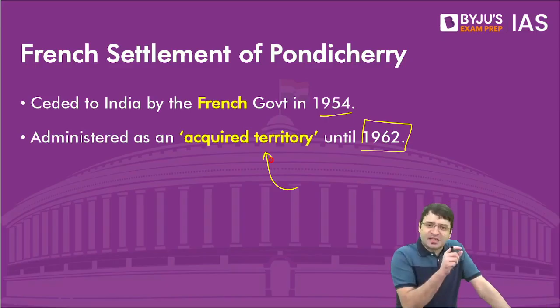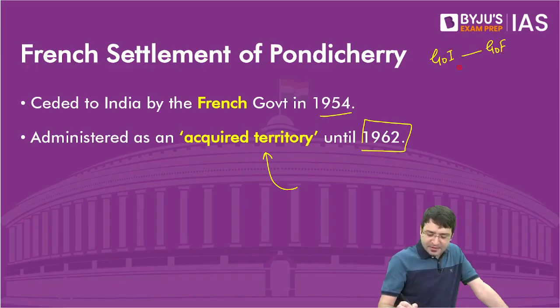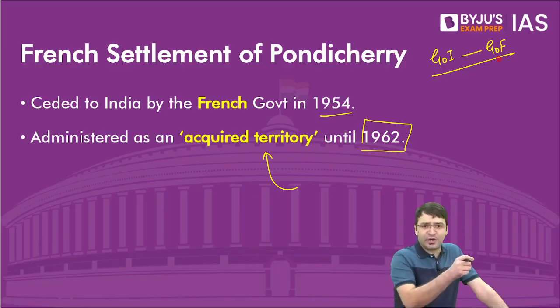Because you can't simply acquire a territory by just having an agreement between the government and the government. Sir, what does that mean? Government of India and the government of France, they had an agreement that Puducherry or Pondicherry will be given to India.